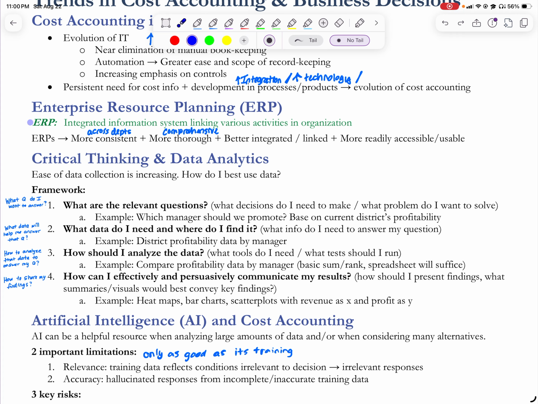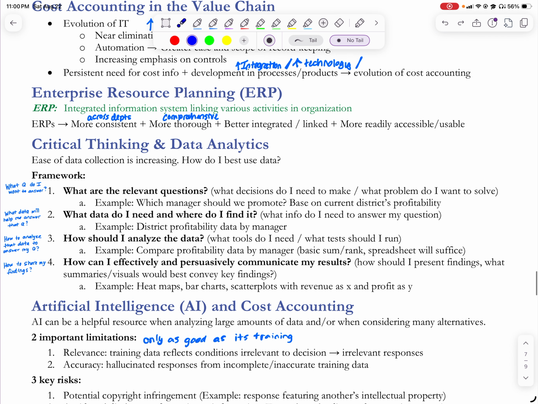An ERP is an integrated information system across the entire organization, typically, where basically it's one information system that links all these different functions and departments together into a single information system, where the data that it collects is more consistent across these departments, all kind of speaking the same language.